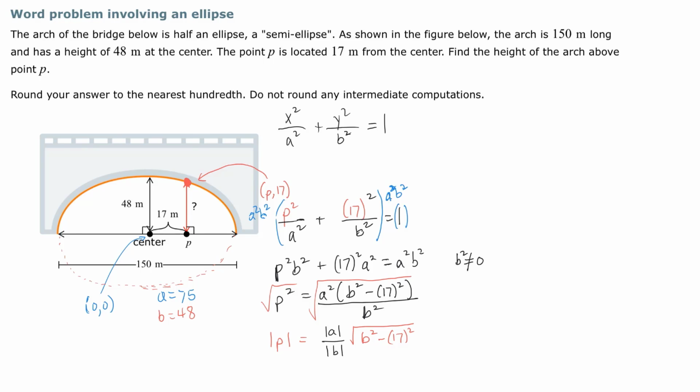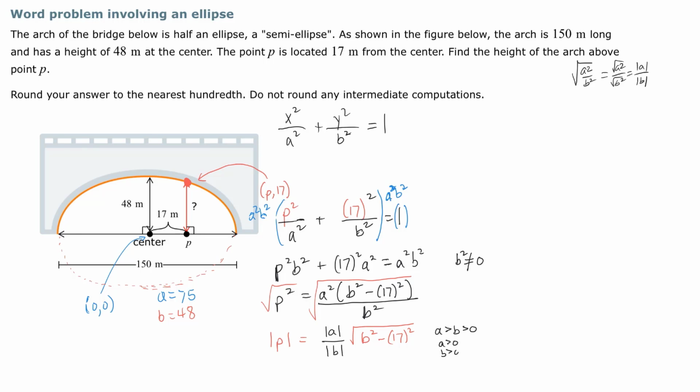Now what happened there, I just simply used the square root of a squared over b squared, which is the square root of a squared over the square root of b squared, which is equal to the absolute value of a over the absolute value of b. We know a is greater than b, which is greater than 0. A is greater than 0 as well.